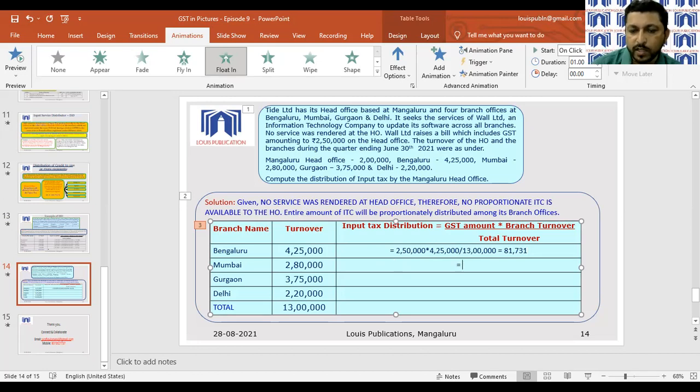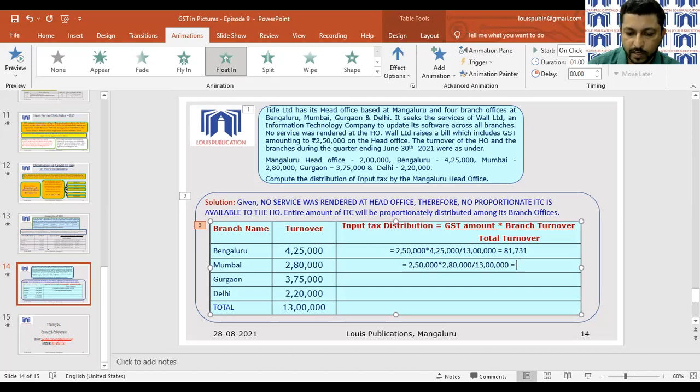We will do the totaling. If there's a mistake, we can easily identify. Next, once again, GST amount is 2,50,000 into the turnover of Mumbai, which is 2,80,000 written in the second column, divided by total turnover of 13 lakh. We will get the number. Let's do the calculation.